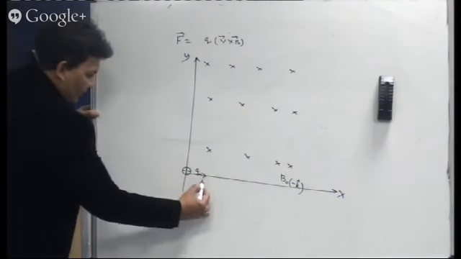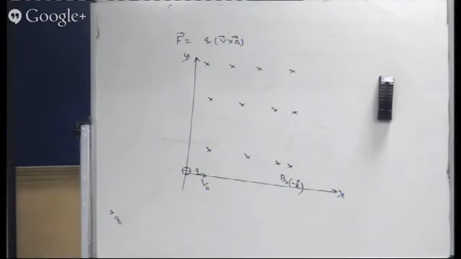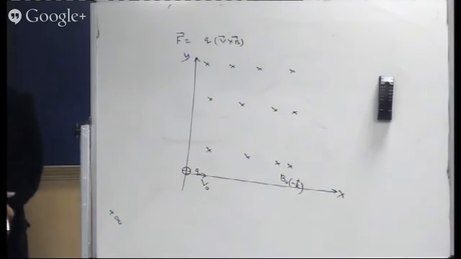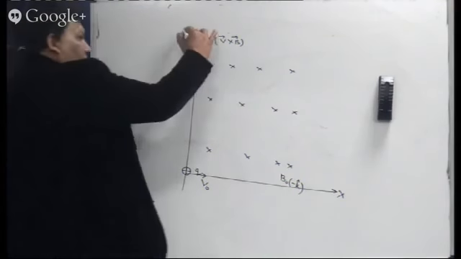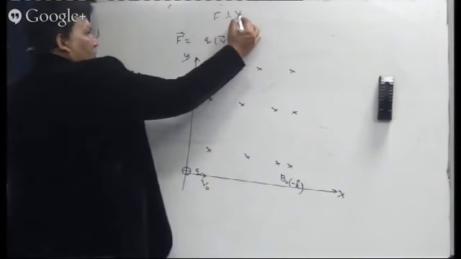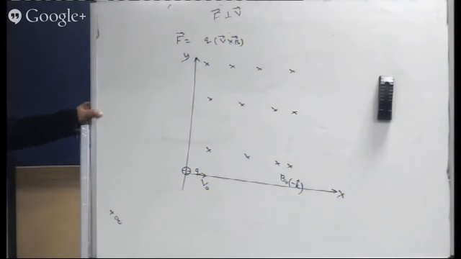It enters with velocity V naught. How would you start the question? What would be the trajectory of this charge? Sir, how do you know? You just said that force is perpendicular to velocity. And when do you have force perpendicular to velocity? In a circular path.